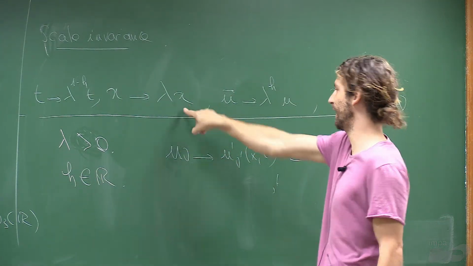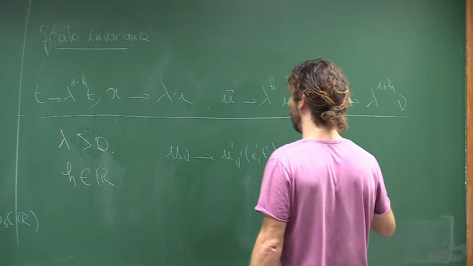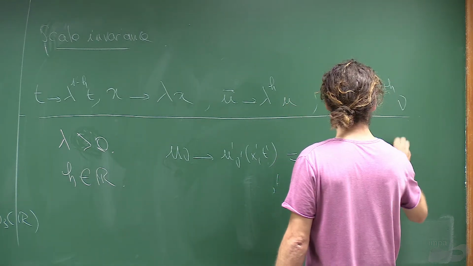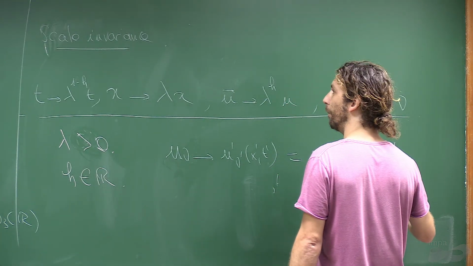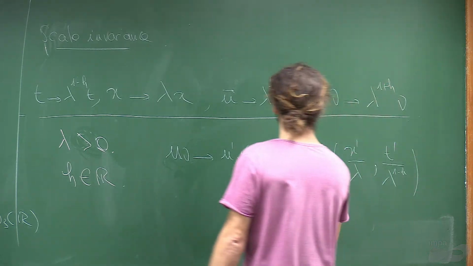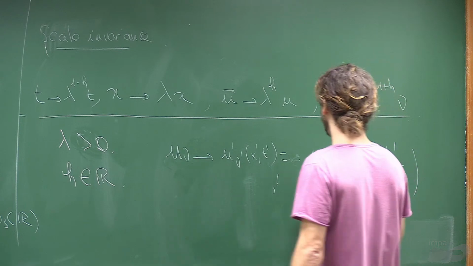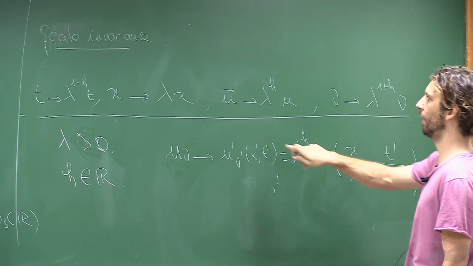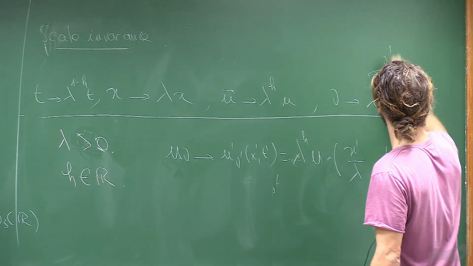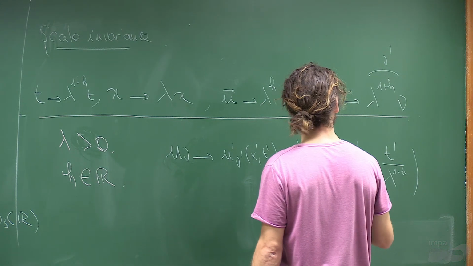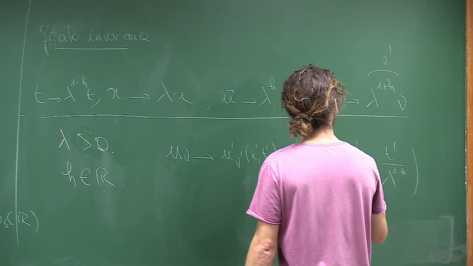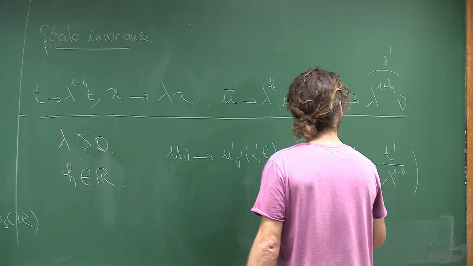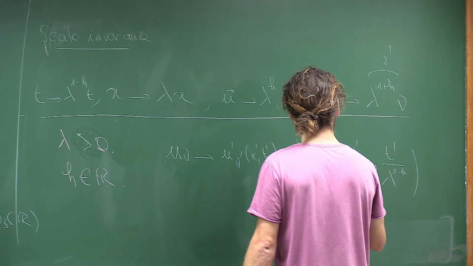If you want to recover x, it's u nu of x prime over lambda, t prime over lambda^(1-h), which you need to multiply by this lambda^h. And this is not applied to nu, but to nu prime, where nu prime is lambda^(1+h) nu, so nu is nu prime over lambda^(1+h).